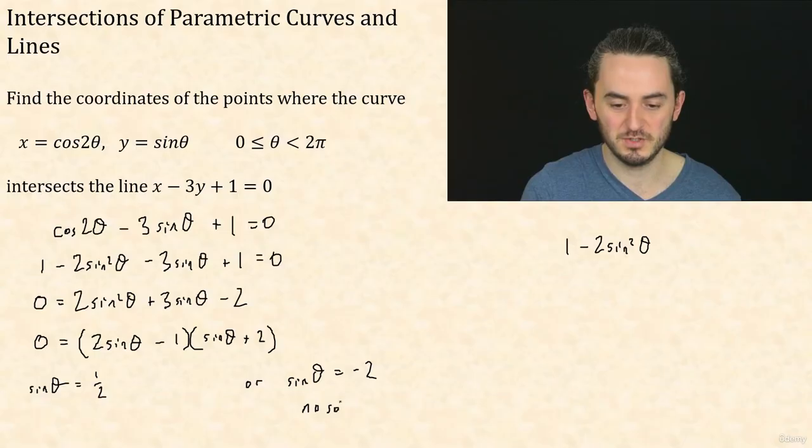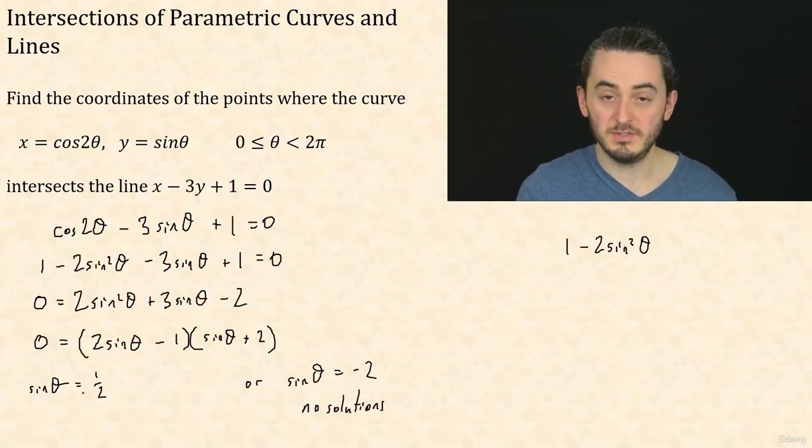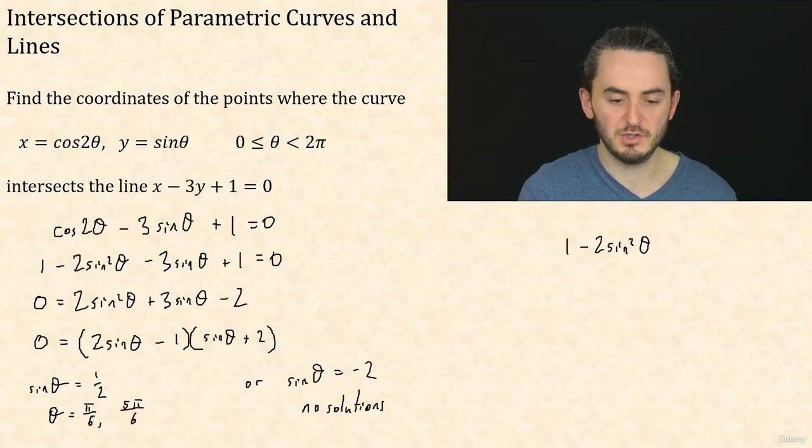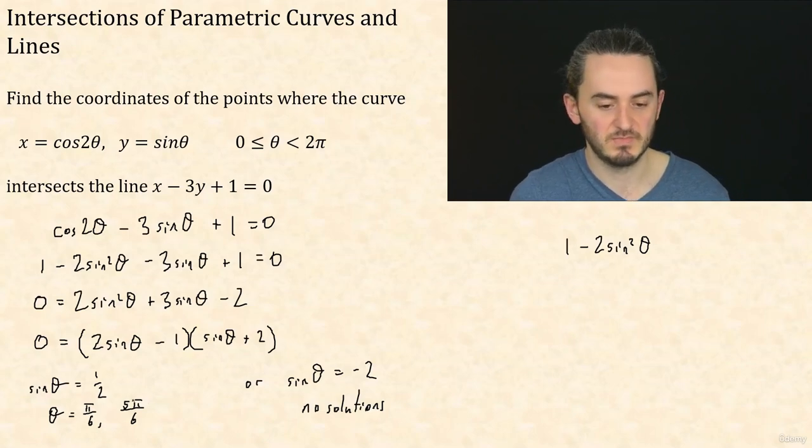There's no solutions there. Sine theta equals a half though. There are solutions. Theta equals pi over 6 or 5 pi over 6. So you just get that from your calculator and do pi minus the first answer to get your second.